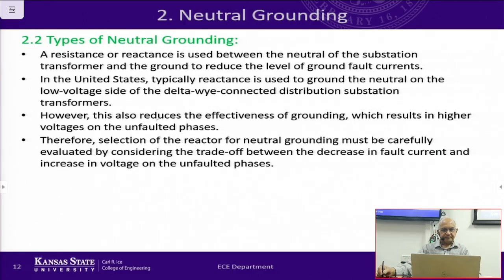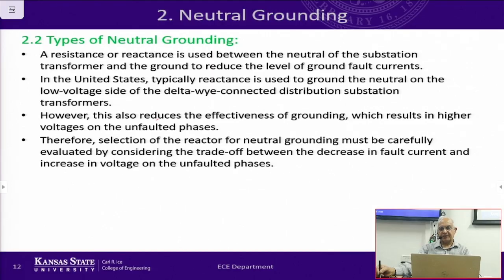It will reduce the fault current, but it reduces the effectiveness of grounding, which results in higher voltages on the unfaulted phases. Okay? So therefore, selection of reactor for neutral grounding must be carefully evaluated by considering the trade-off between the decrease in fault current and increase in voltage on the unfaulted phases.